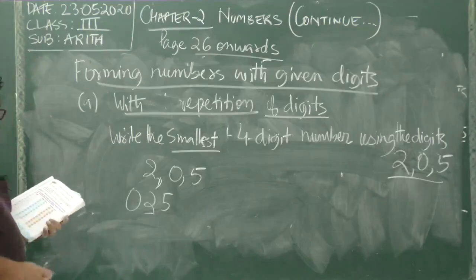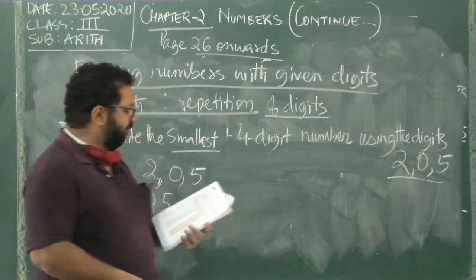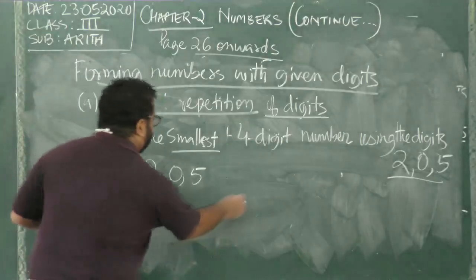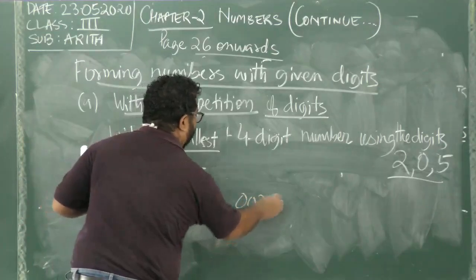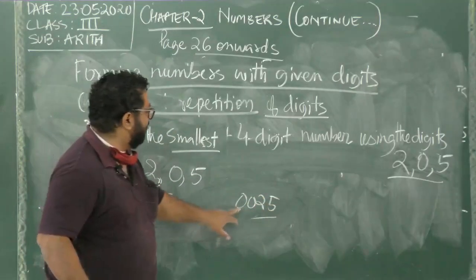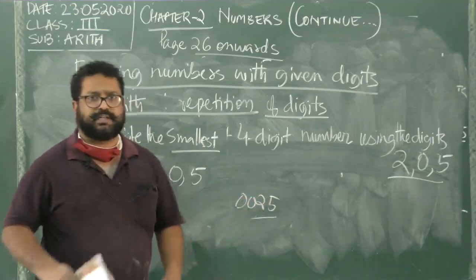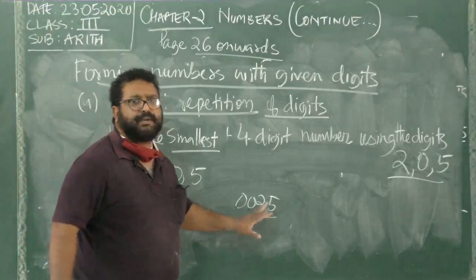Then although 0 is the smallest number, 0025 is not a 4-digit number. Thinking, okay, 1, 2, 3, 4, no. This number is not a 4-digit number. This is in fact a 2-digit number, 25.